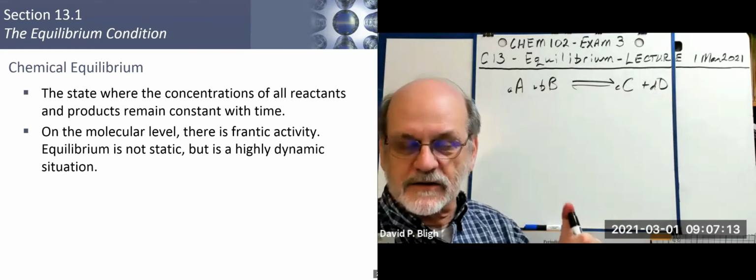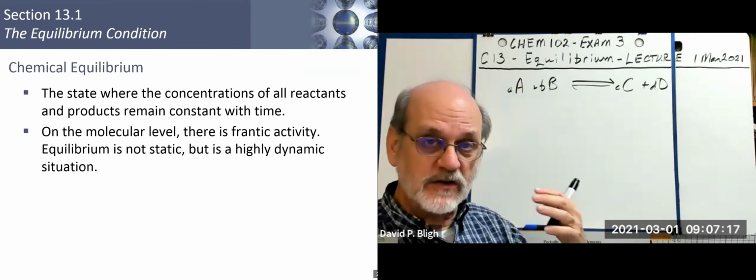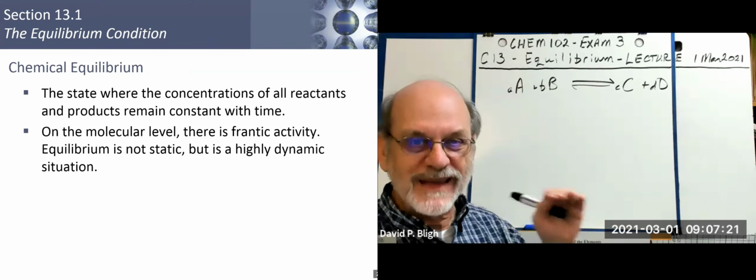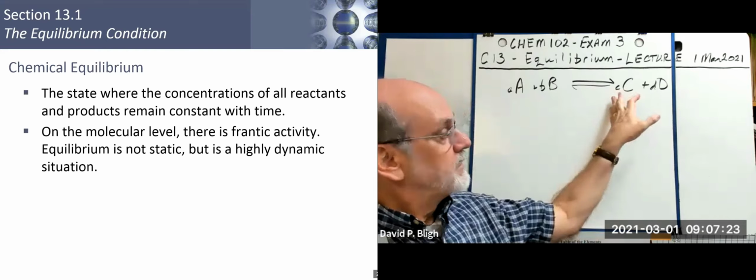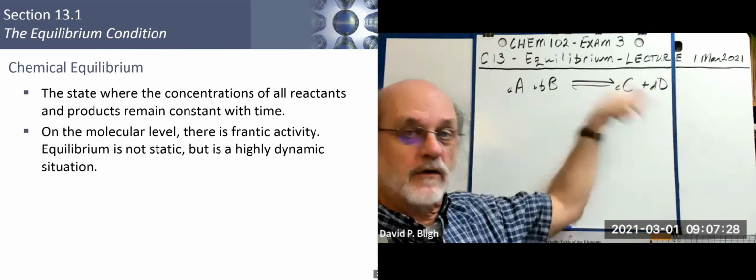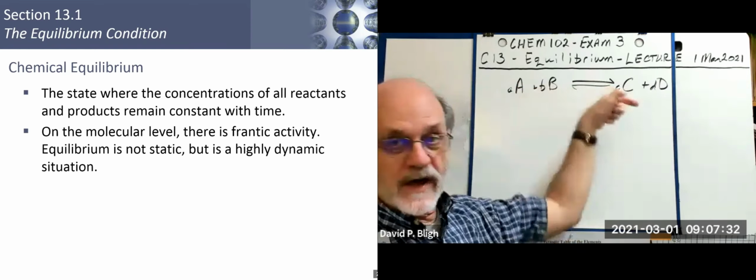That's why in kinetics, we found it convenient to study reactions in their initial states at the very beginning, when the amount of products is very low, so that the competing reverse reaction is insignificant, and we can study the reaction in that direction.